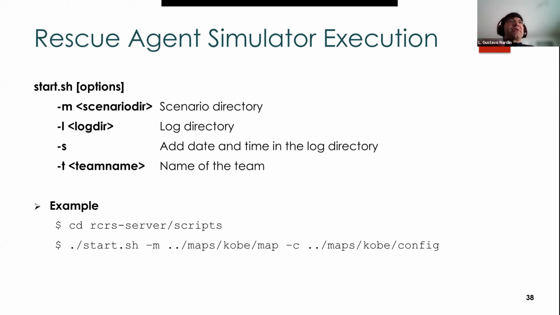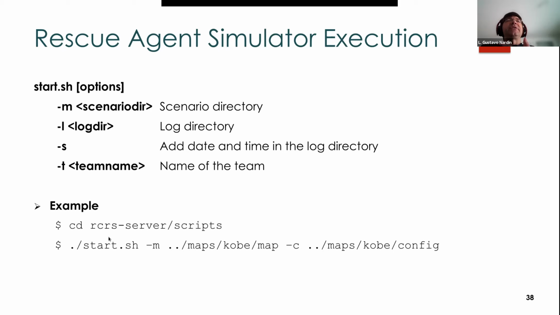There is a script. If you go to the RCRS server directory, there is a script subdirectory, and in the script subdirectory there is a script called start.sh that runs the simulation.